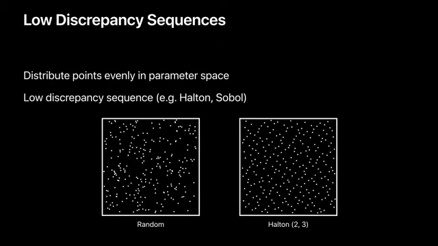A better approach to generate sample points is to use something called a low discrepancy sequence. The one I'm showing you up on the screen here is the Halton 2-3 sequence. You can see that sample points generated in this way cover the space far more evenly, and we've managed to avoid both clumping and undersampling.